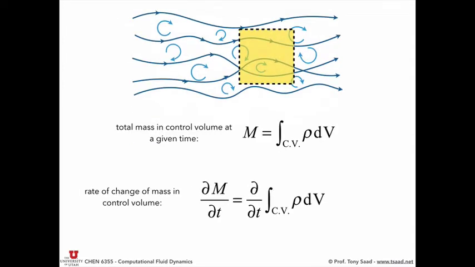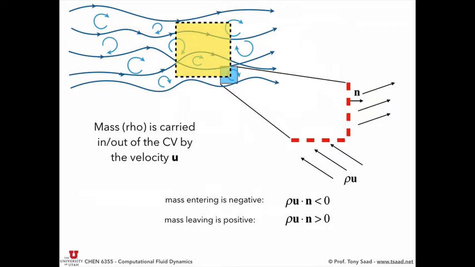Now, what about the flux at the boundary, the flux of mass? Obviously, mass is coming in and mass is leaving. Mass is being carried by the velocity, u, and so the flux is really rho times u, okay, being brought in. But this surface could be complicated.